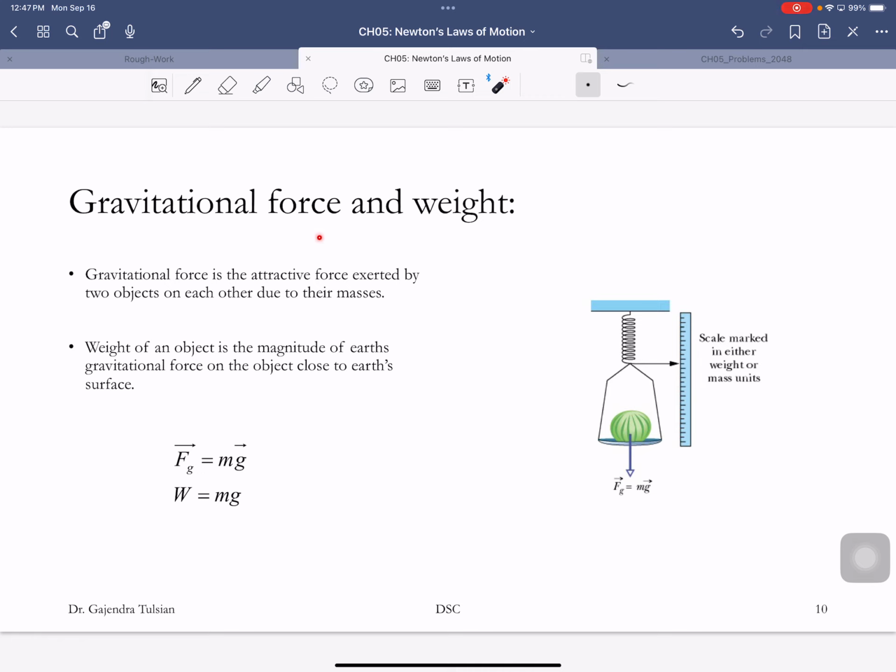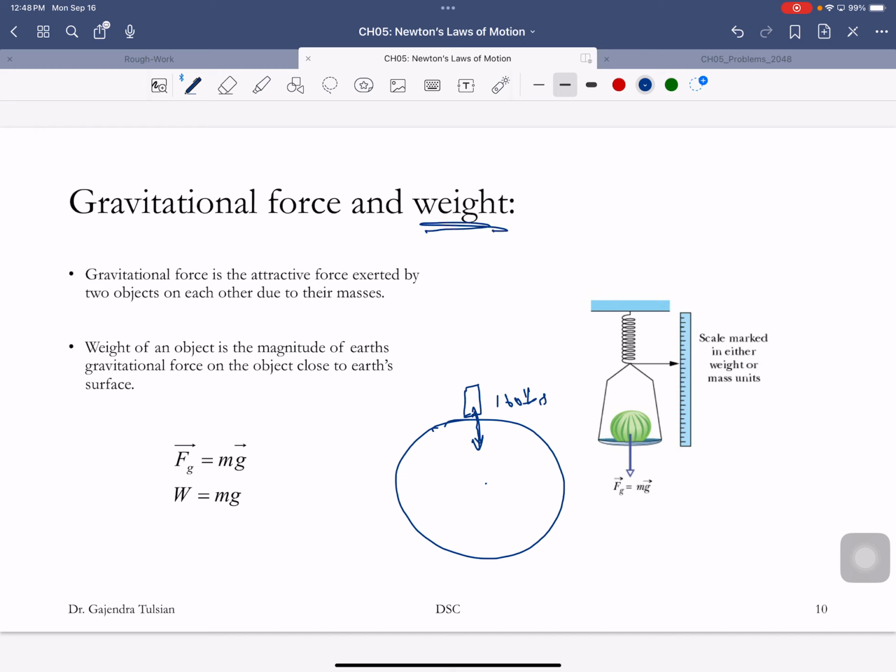Gravitational force and weight are terms that we use in everyday life, so let's understand what this means. Let's say the earth attracts me with a force of 160 pounds. Force is a vector. It has magnitude and direction. The magnitude of the force is called the weight.